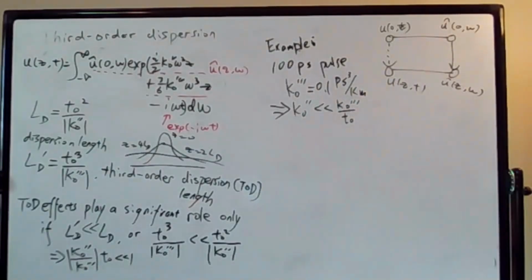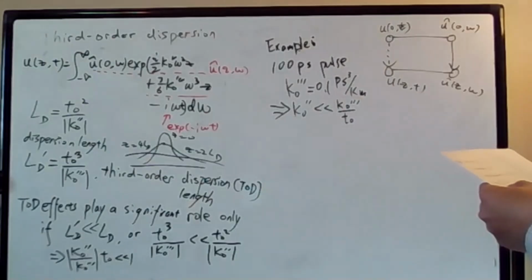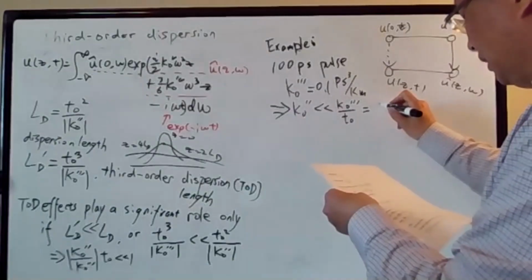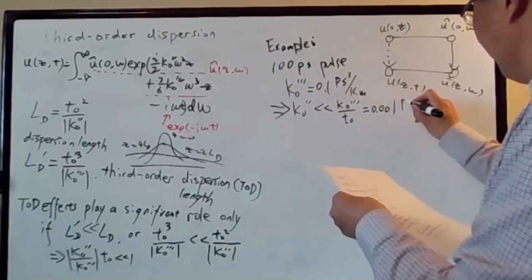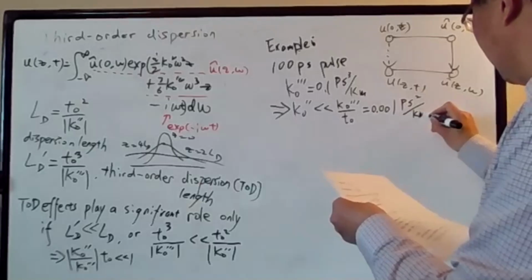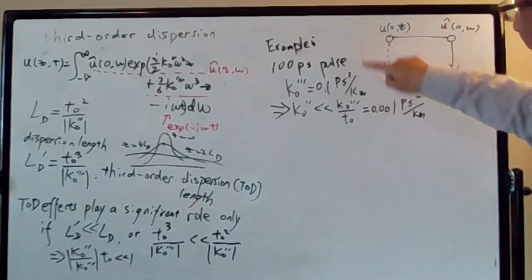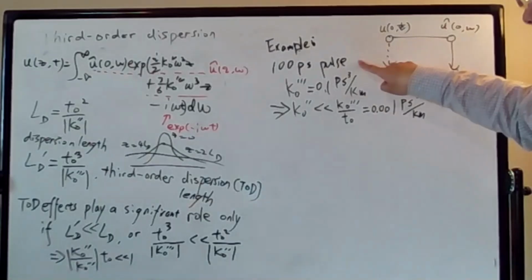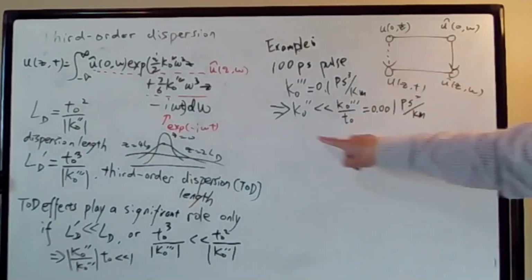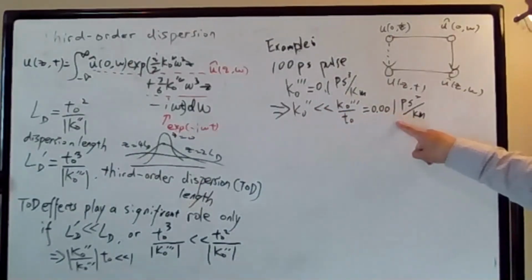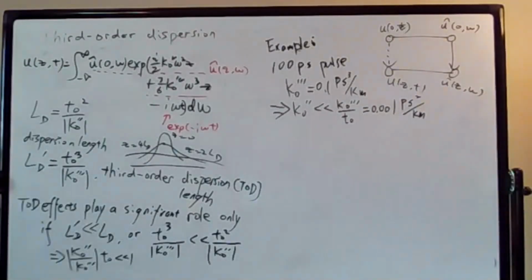So in this case, it's 0.001 picosecond square per kilometer, since it's 0.1 divided by 100. So if we have a 100 picosecond pulse with this K naught triple prime, then K naught double prime needs to be way less than 0.001 picosecond square per kilometer.